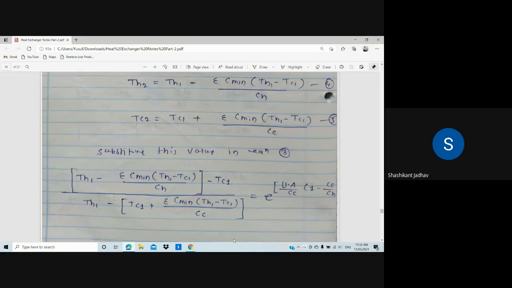Okay, so all of you write down, substitute this value in equation number 3, and by putting the value of Th2 and Tc2 in equation number 3 we get the equation as follows, so write down that equation.